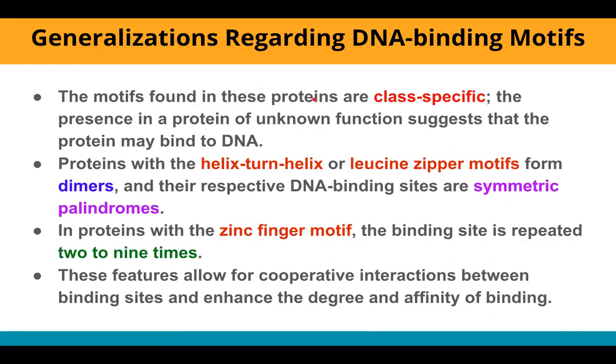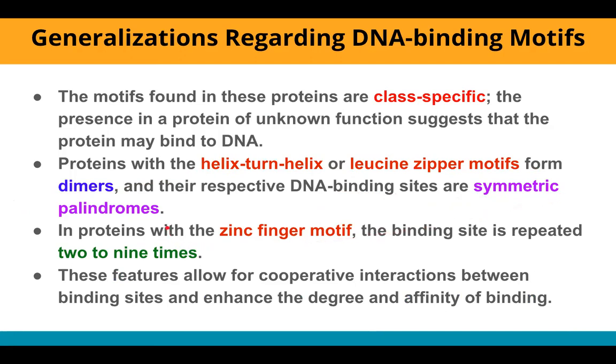The motifs found in these proteins are class-specific. The presence of such a motif in a protein of unknown function suggests that the protein may bind to DNA. Proteins with helix-turn-helix or leucine zipper motifs form dimers, and their respective DNA binding sites are symmetric palindromes.